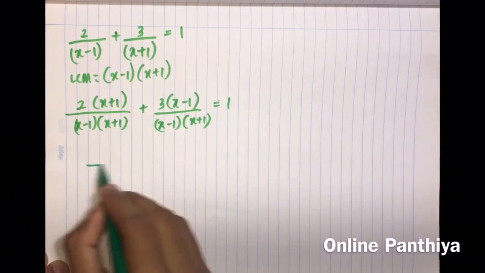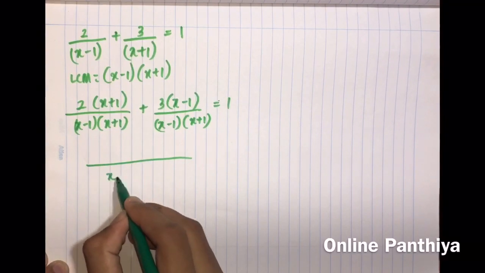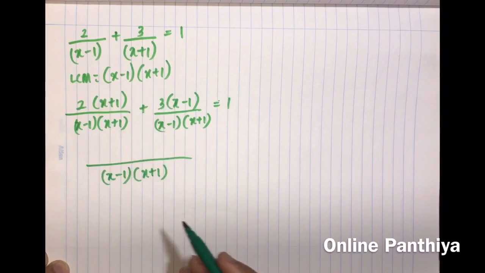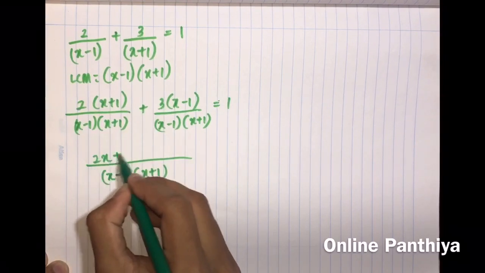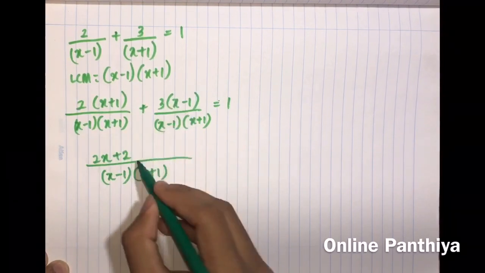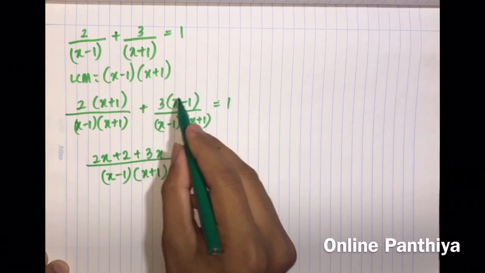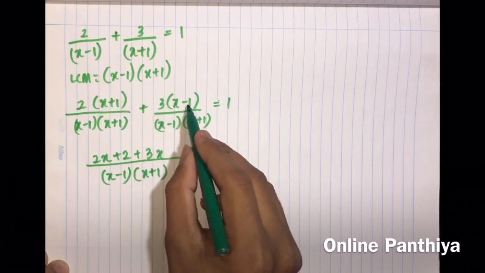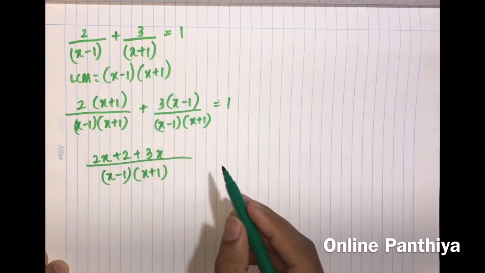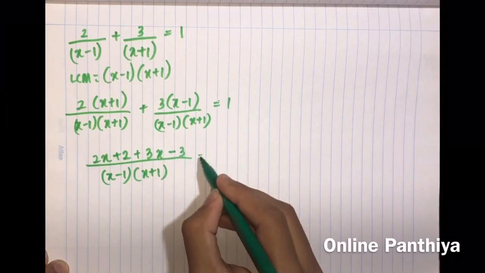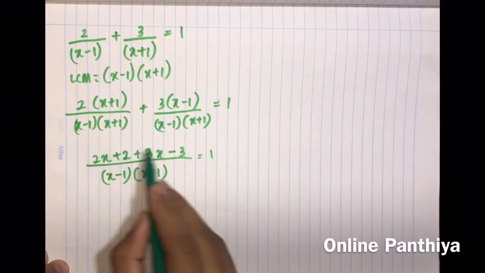I can write this common denominator, that is x minus 1 and x plus 1, and you can solve what is in the numerator, that is 2x plus 2 plus 3x plus 3 into minus 1. 3 into minus 1 is minus 3, therefore totally minus 3, equals 1. So I can solve the numerator part.